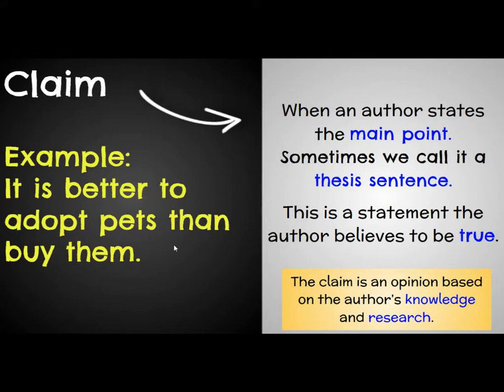So write this as your example claim in your notes. It is better to adopt pets than to buy them. That's an opinion, but it actually is going to be the claim of that particular article because there's a lot of evidence to back that up and reasons.